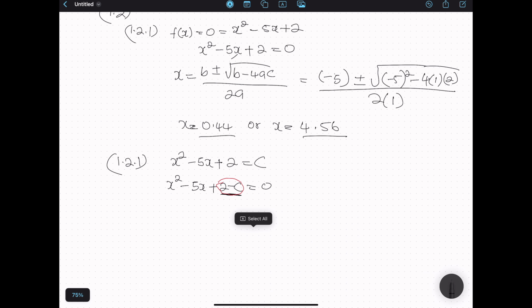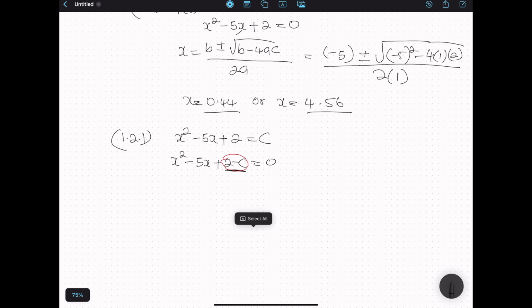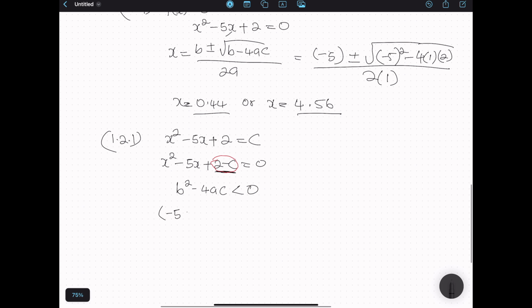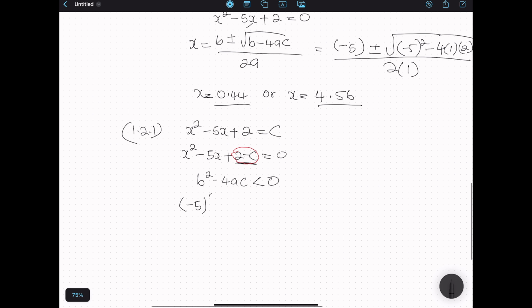Going further, to find this kind of thing, we have to introduce b squared minus 4ac less than 0. We have to use the standard form. What is b here? b is minus 5, squared, minus 4 times a. What is a? a is 1, and c is 2 minus c, less than 0.